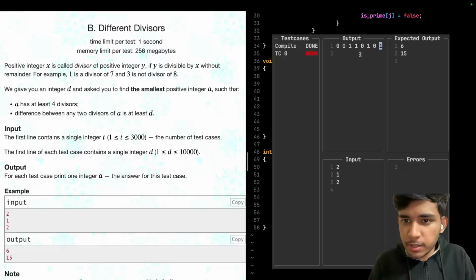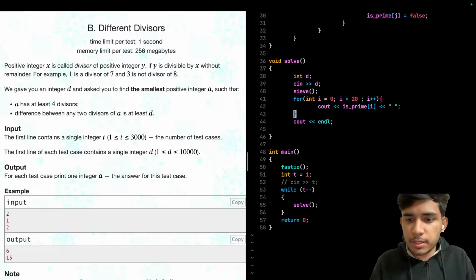Primes: 2, 3, 5, 7, 11, 13, 17, 19. I think it's correct.